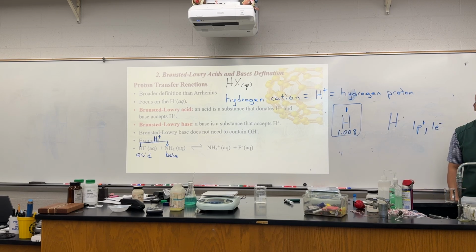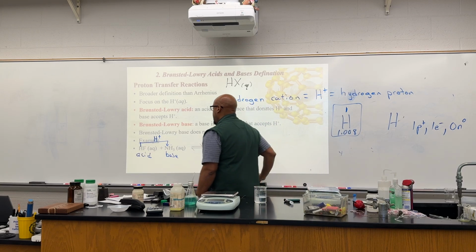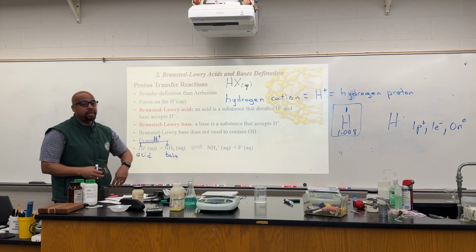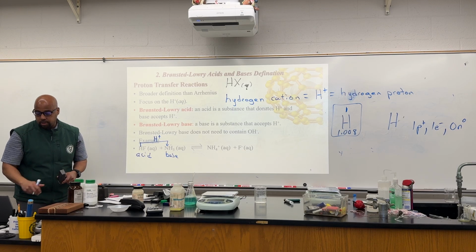How many neutrons does it have? 0 neutrons. If I take away the one electron, then what do I really have staring at me? A proton. Hence, they sometimes call this thing just a hydrogen proton. We'll use it synonymously. Sometimes you'll hear me say hydrogen cation. Sometimes you'll hear me say, oh, it donated a hydrogen proton in this case.